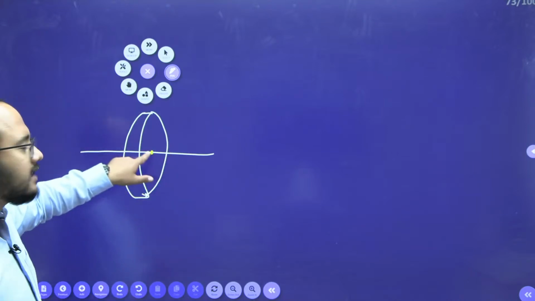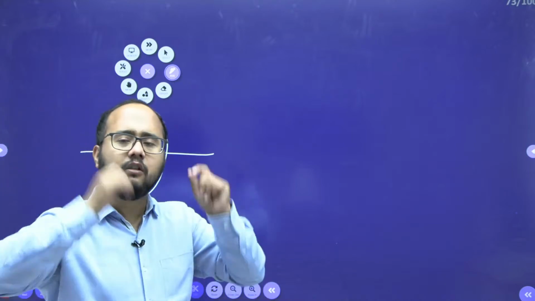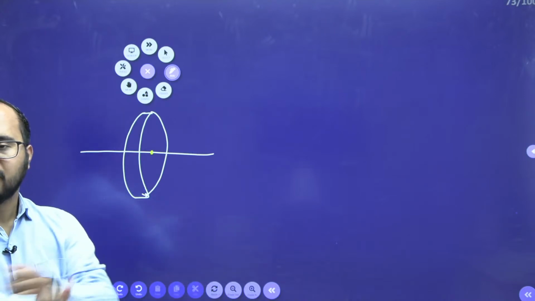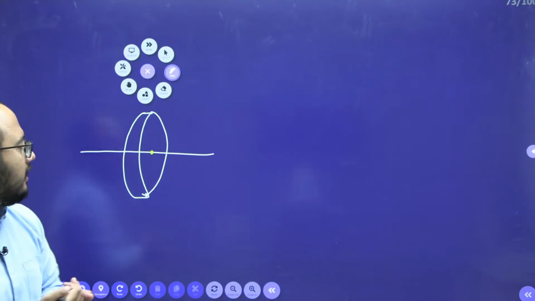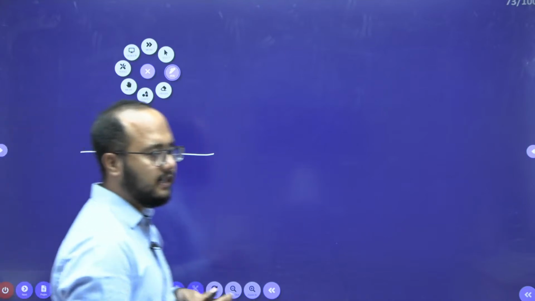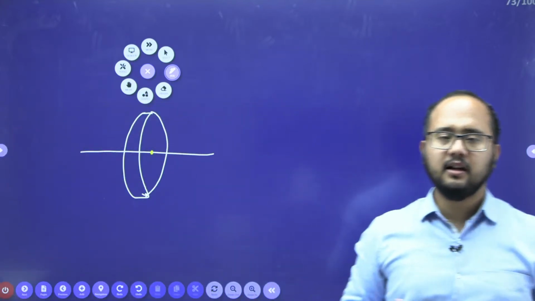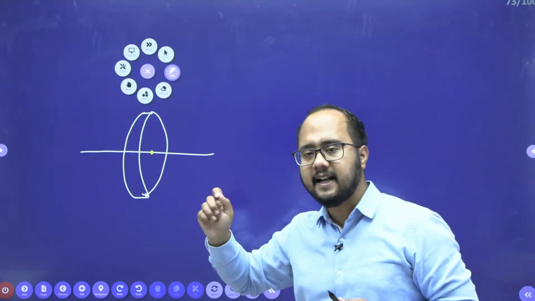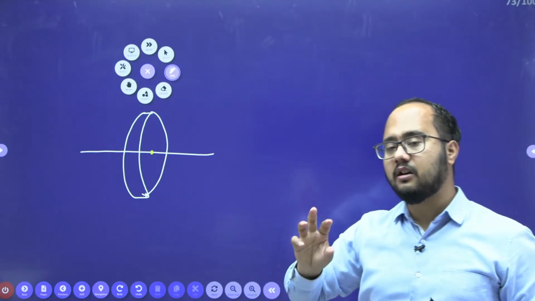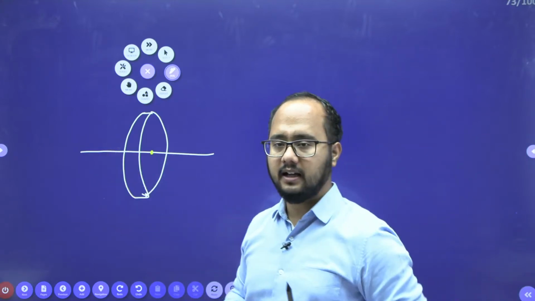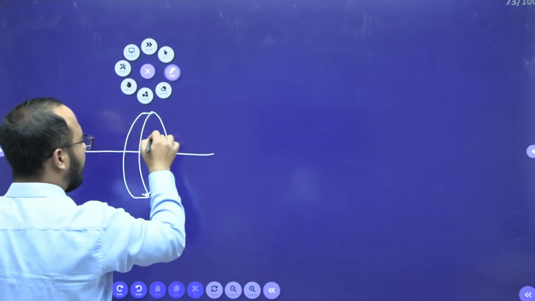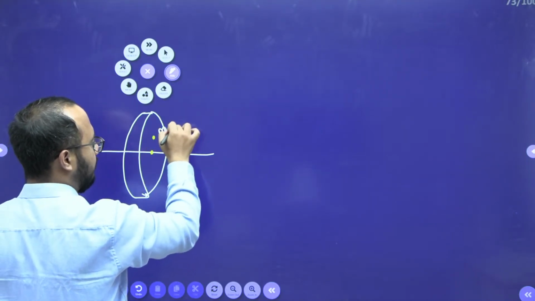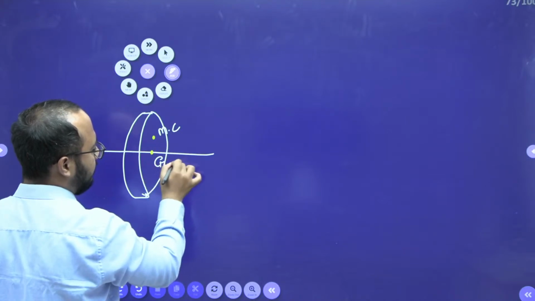Now, if the geometric center and the mass center are the same, then there will not be any disturbing force. But because of a manufacturing defect, during casting or during the production of the rotor, the mass center and its geometric center are not the same. As a manufacturing defect, it gets shifted here. Now, this is the mass center, MC, and this is the geometric center, GC.